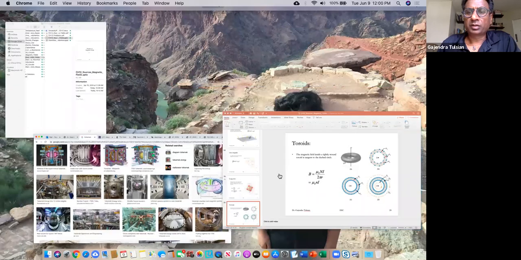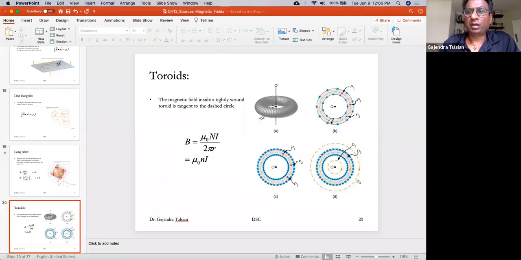Okay. So that's a toroid, and you can produce a strong magnetic field, and it can be shown that the field outside the toroid is zero. So there's only a field inside, and the magnitude of the magnetic field is given by mu naught N I over 2 pi r. Capital N is the number of turns of the wire, I is the current, and r is the radius of the toroid.